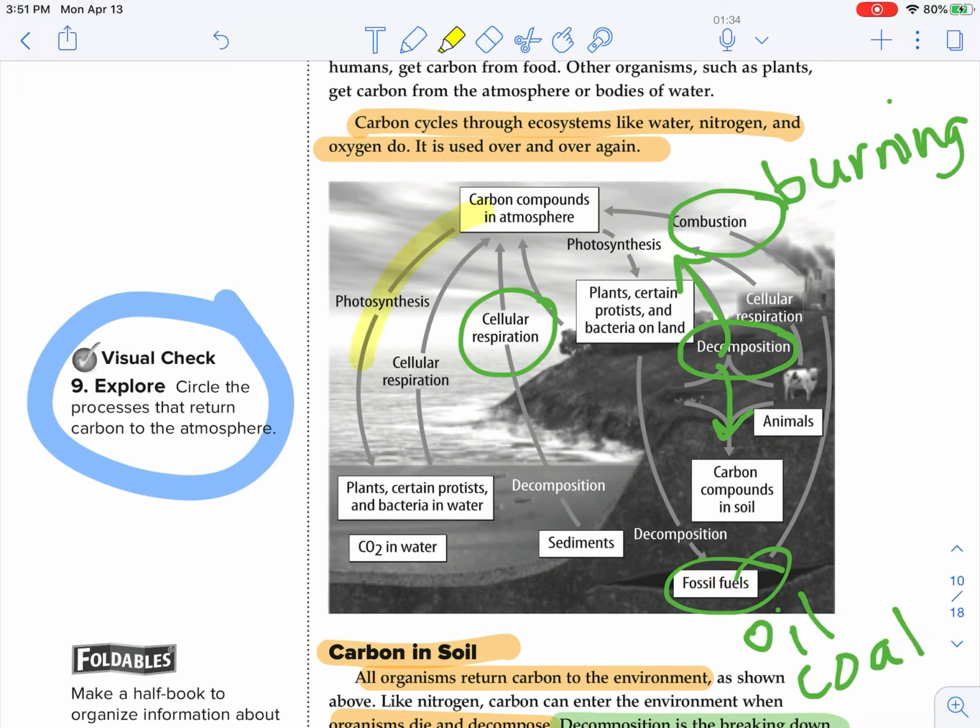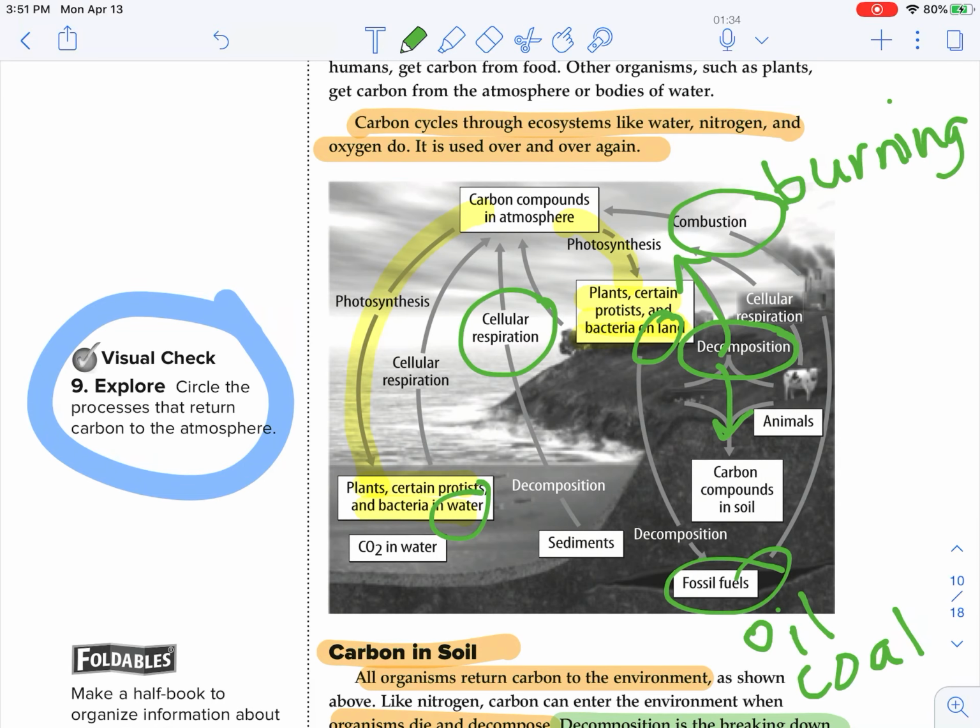Okay, so through photosynthesis, the plants are using that carbon dioxide that's in the air, and water and sunlight, to make their own food. Okay, so photosynthesis, plants use it in water as well as on land. So that is how the carbon dioxide is being used by the plants.